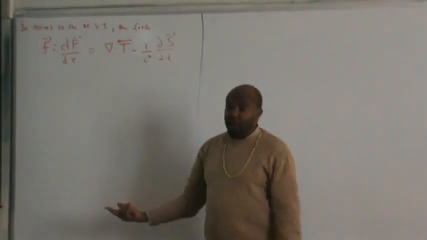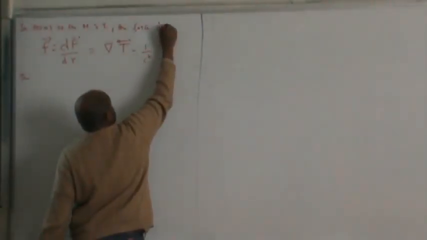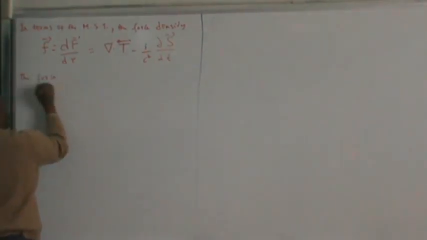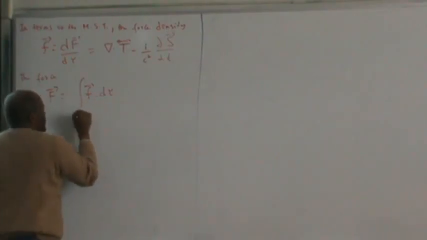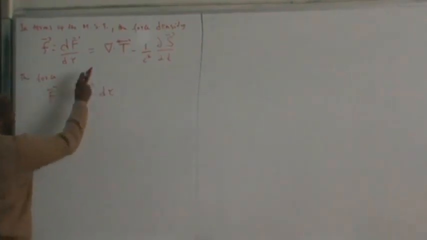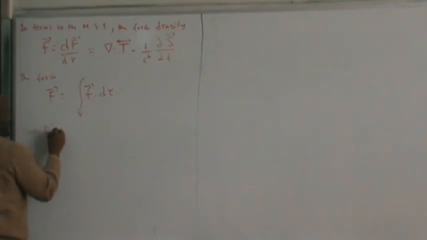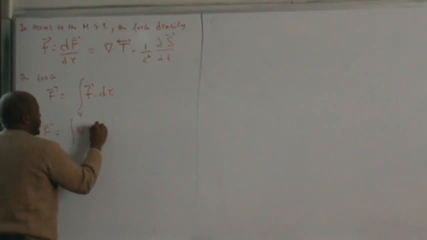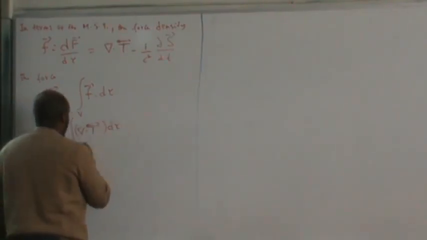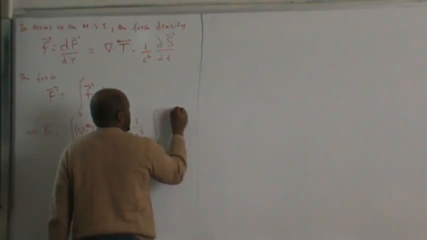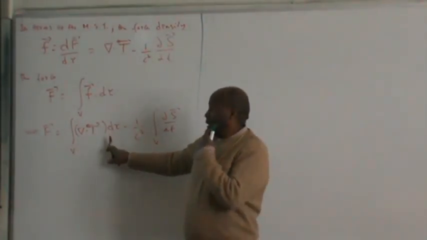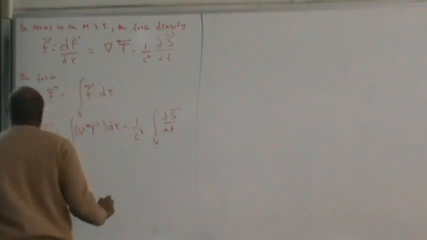If I want to find the force, then what should I do? I have to integrate this over the volume. So this is the force density, and the force is the integral of the force density over the volume. If you do that, what you'll find is that F equals the integral of the divergence of the Maxwell stress tensor d tau over the volume, minus 1 over c squared, the integral over the volume of dS by dt. If we apply the divergence theorem here, I can express this as a surface integral.